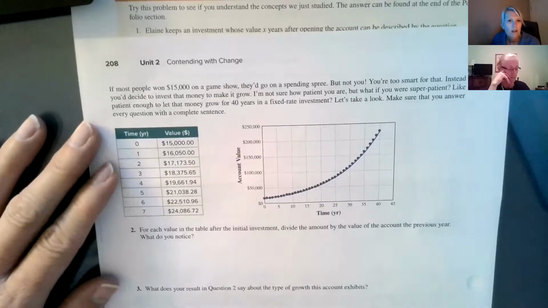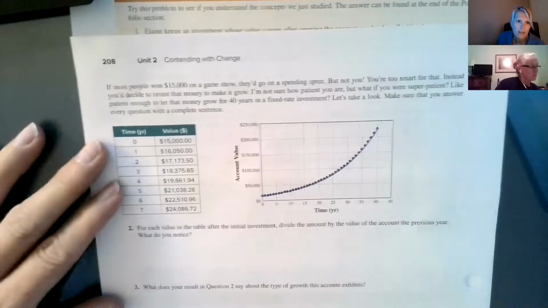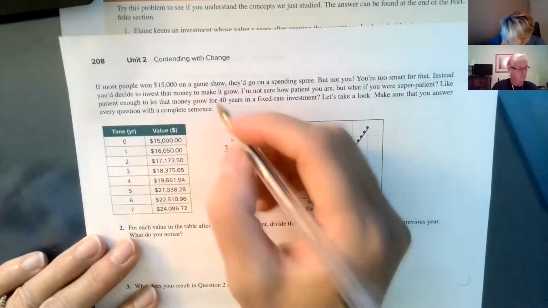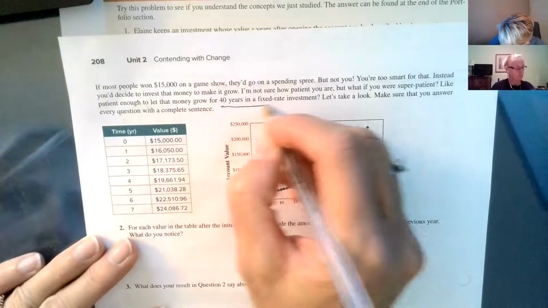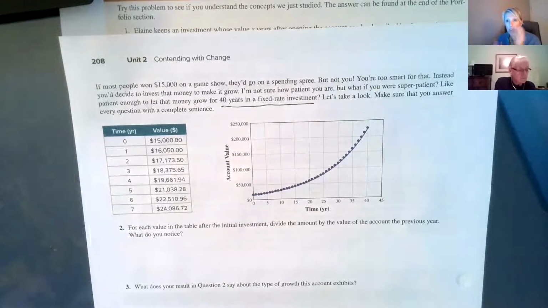Okay. So I'm going to get you going on this. On page 208, it says, if most people won $15,000 on a game show, they'd go on a spending spree. Sounds fun, but not you. It says you're going to save your money. So we're going to pretend that you are super patient and you are going to wait 40 years in an investment account, fixed rate, which means you're going to get pretty much the same interest every year.